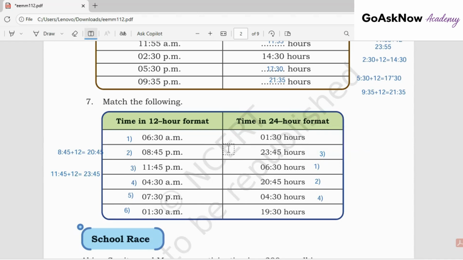Next, the fifth one. The fourth one we have already marked. 7:30 plus 12 is equal to 19:30, which is the fifth one. And 1:30 AM, so we have to write it as 1:30 itself.